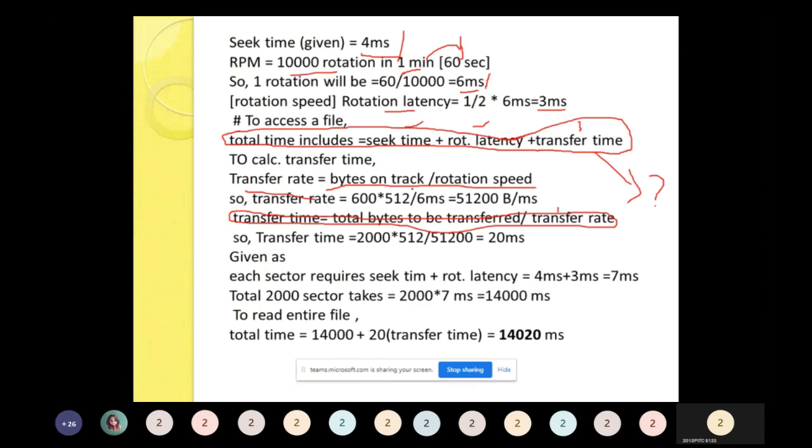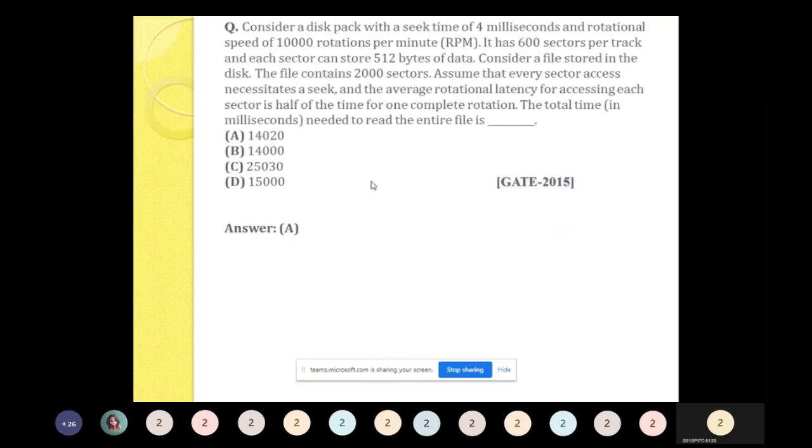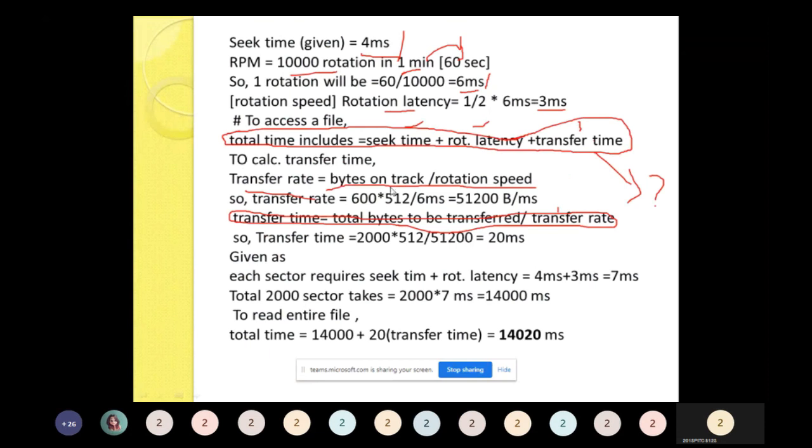So transfer rate is bytes per track. How many bytes do we have? The question gives 600 sectors per track, each sector 512 bytes. That's why bytes per track is 600 into 512.